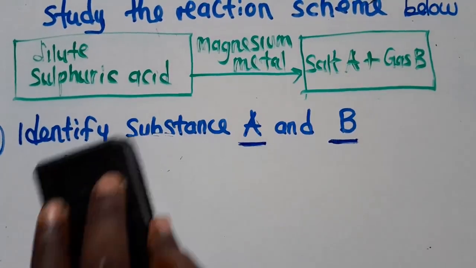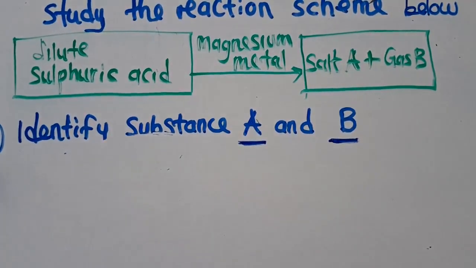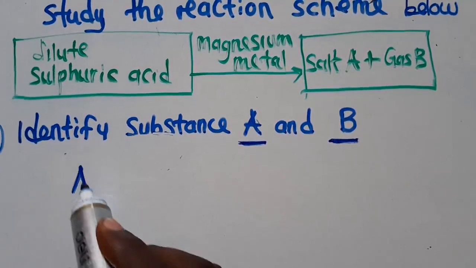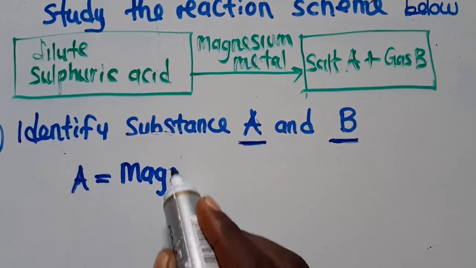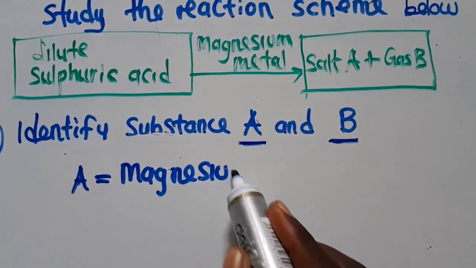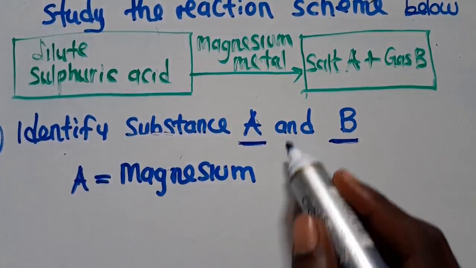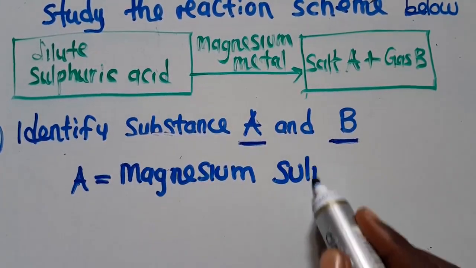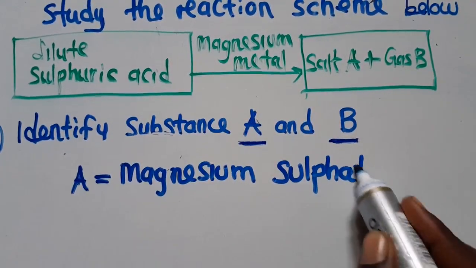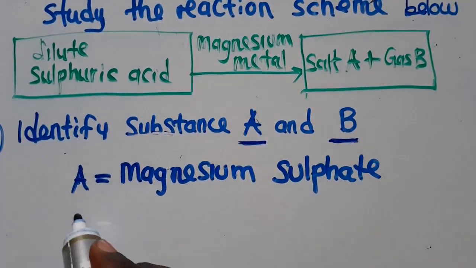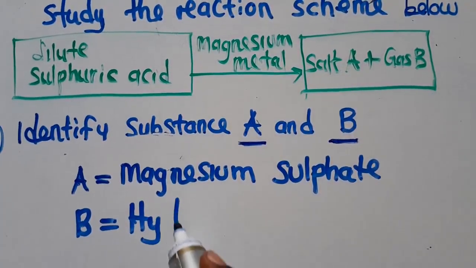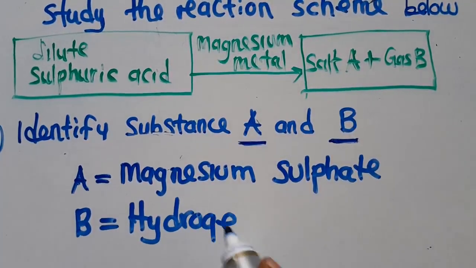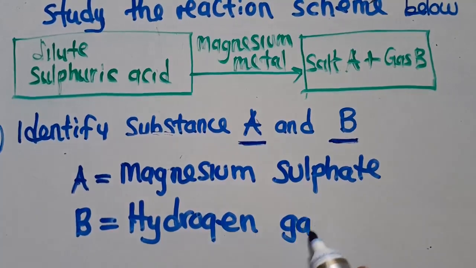So you say substance A is magnesium sulfate, and you write it properly. Then we move to B. B is hydrogen gas.